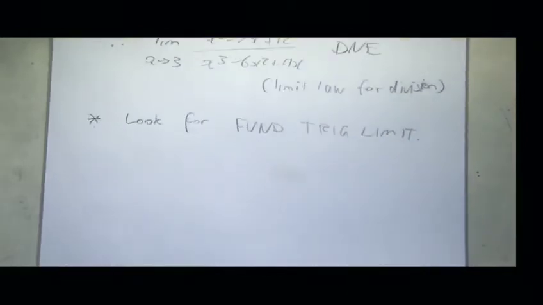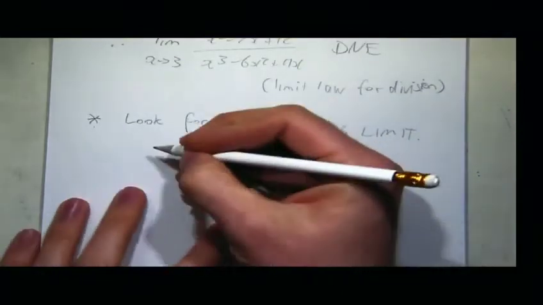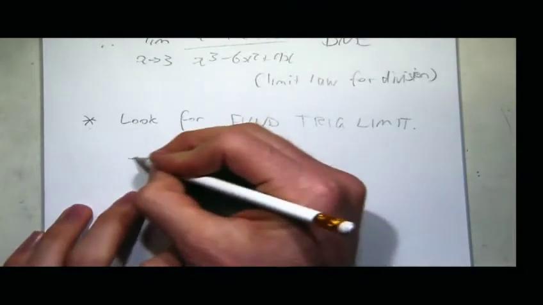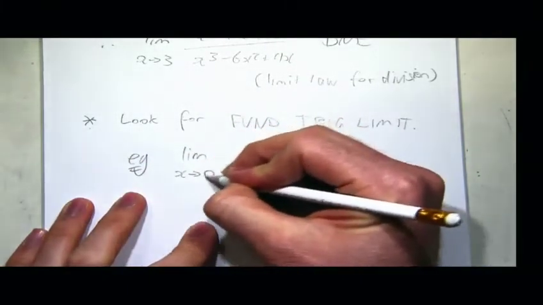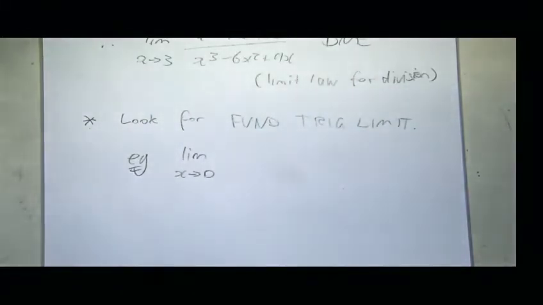Okay, that is the other thing you can do. And it's best to do this by example. Just try and think of one. Might even be one in your notes. No, I'll do a new one.